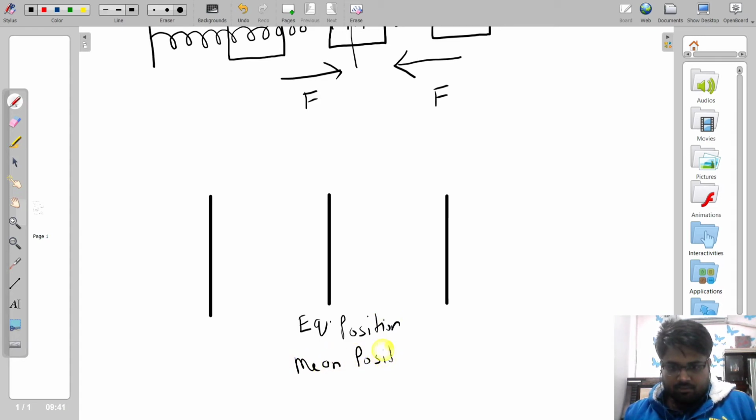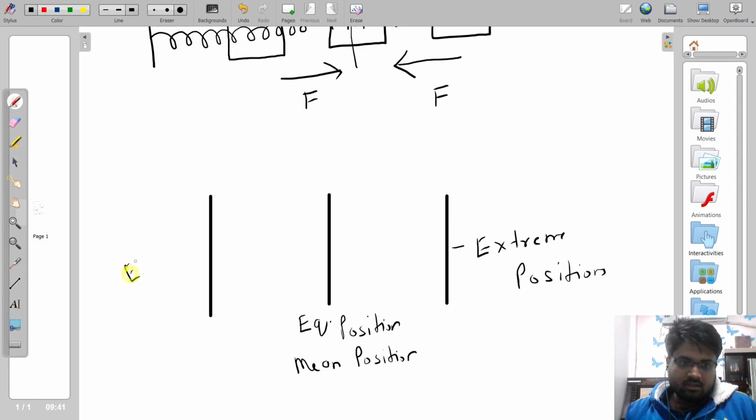These are the extreme positions. Suppose the particle is just here at the mean position.